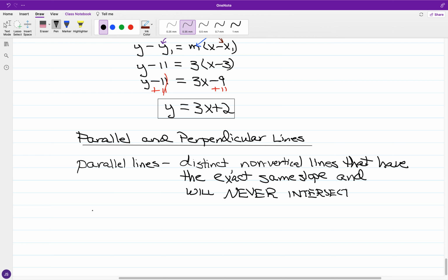And just examples of lines that run parallel to each other.